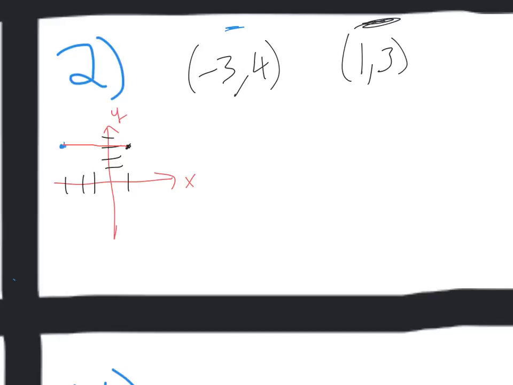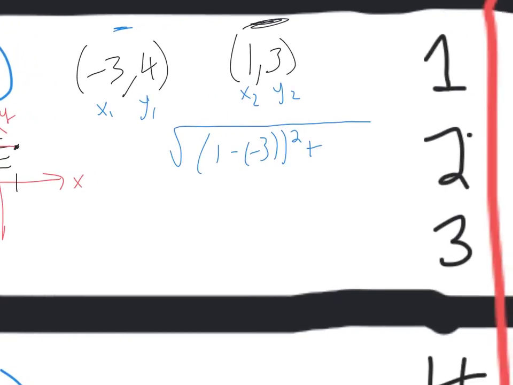Okay, and we can actually use the distance formula once again. So let's go ahead and get right to it. I'll label this x1, y1, and x2, y2, and just plug into my formula. It is the square root of x2, which is 1, minus x1, which is negative 3. Here's where it gets a little tricky, plus y2, which is 3, minus y1, which is 4, and all of that is squared.